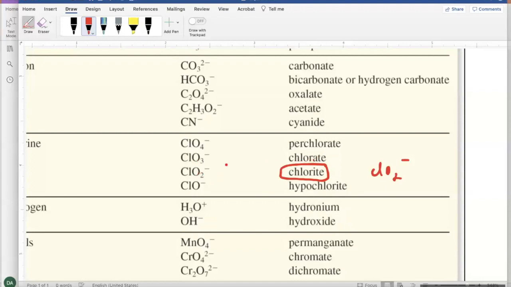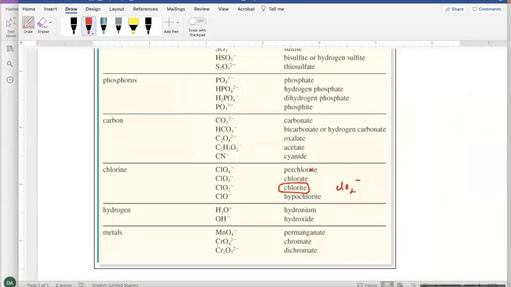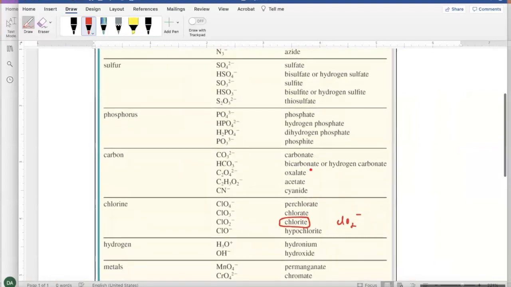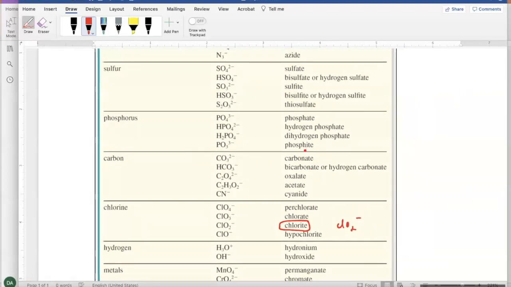How do I usually remember this? You see chlorate, ate, actually ate has 1 more oxygen than ite. So chlorate, ate, 1 more oxygen. So chlorate or any of the ates that we're ever going to see will have 1 more oxygen than ite. So let's confirm that from some other examples. Look at phosphite. Phosphite is 3 oxygens.